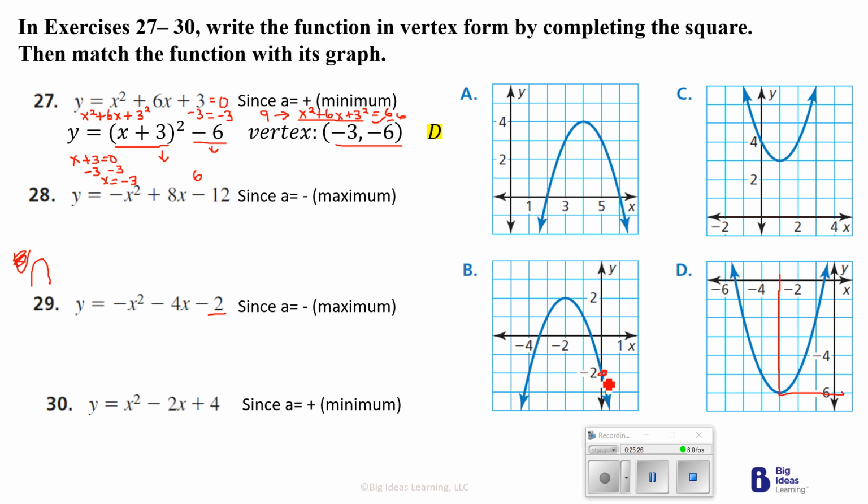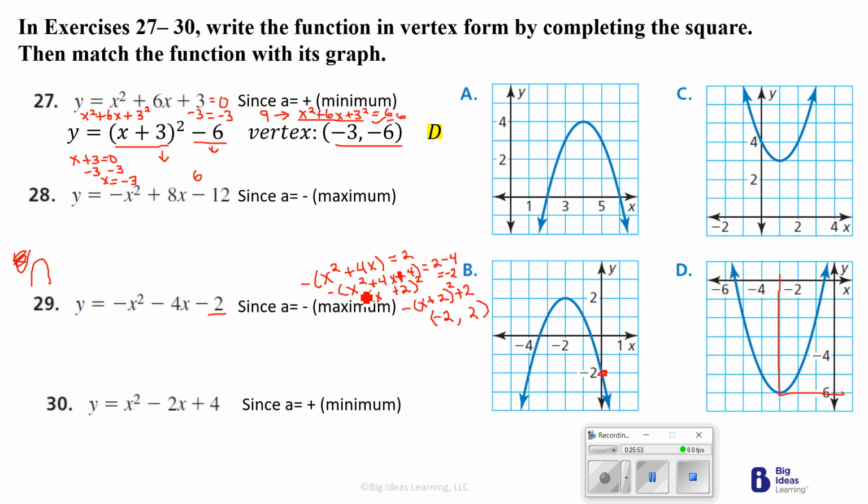So this tells me this one has to be B without even doing any work. But it says write the function in vertex form, so we're going to continue it. It's little work here. We're going to have that negative factored out. Hold on, I'm going to try to write it so I don't spend too much time in this video.